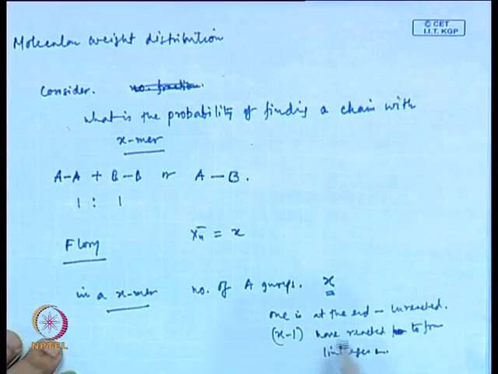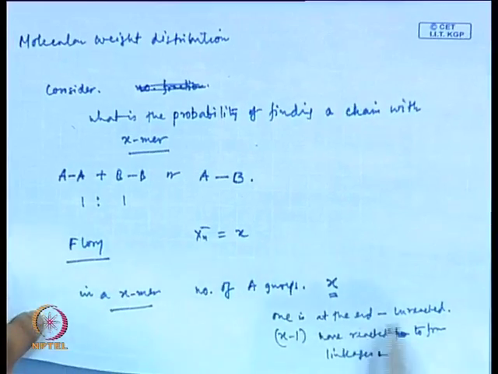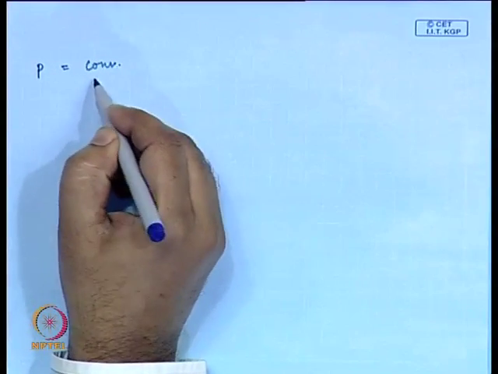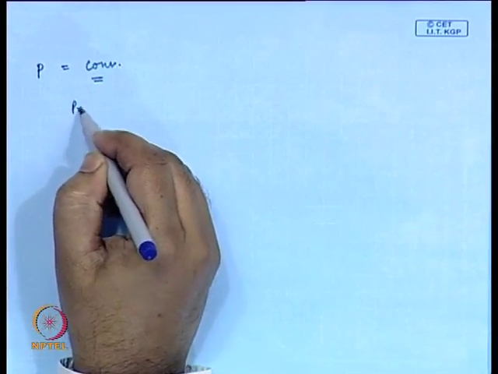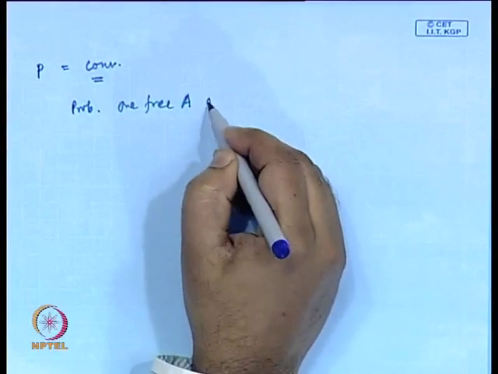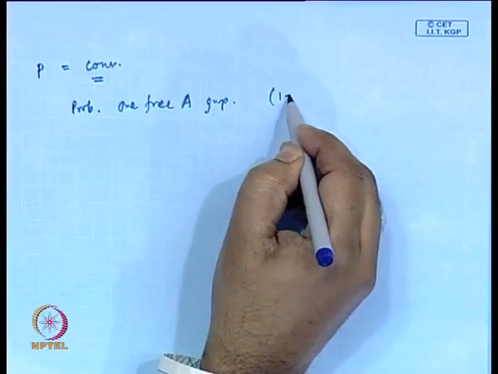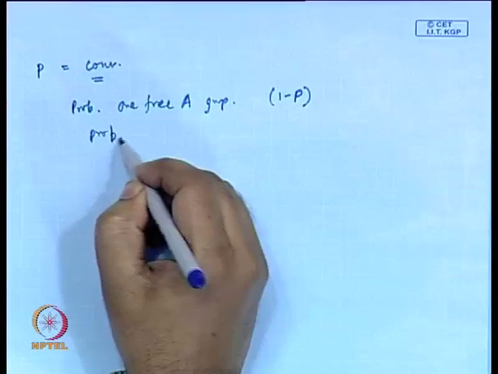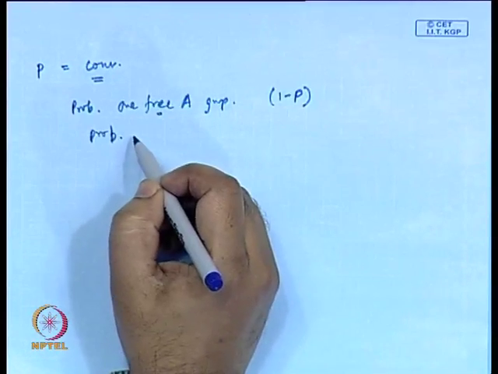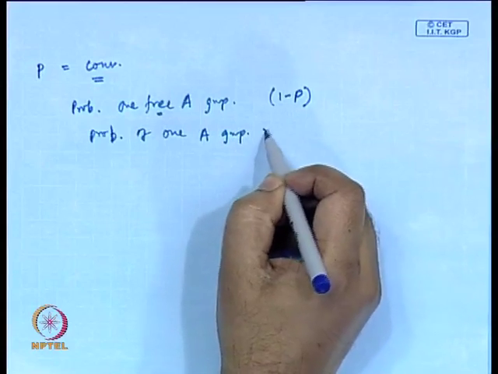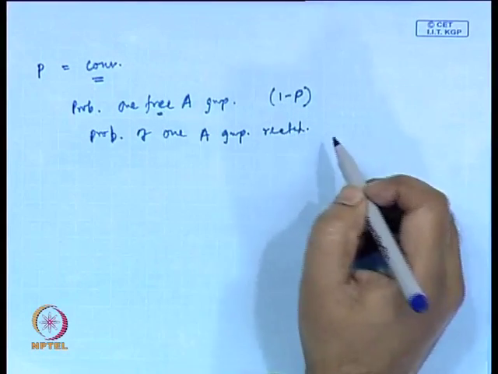Now, what is the probability of finding one free A group? If p is the conversion, the probability of one free A group is 1 minus p. Free means unreacted. The probability of one A group reacted is p.